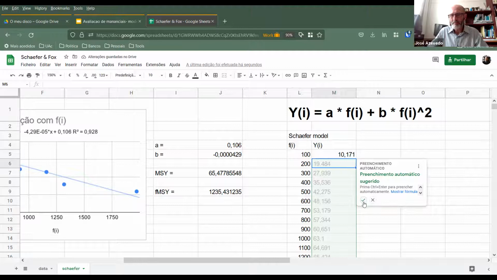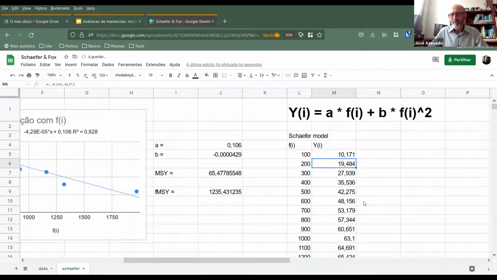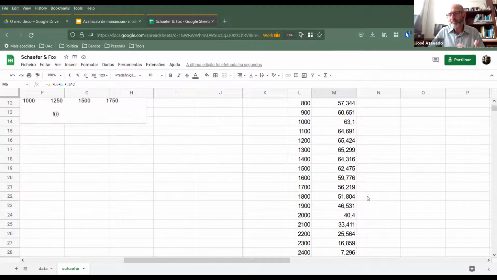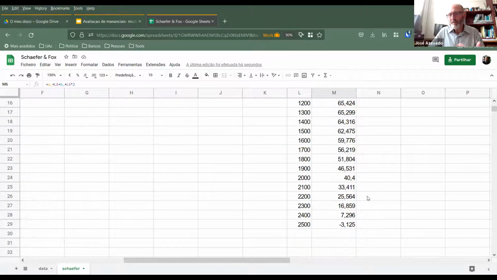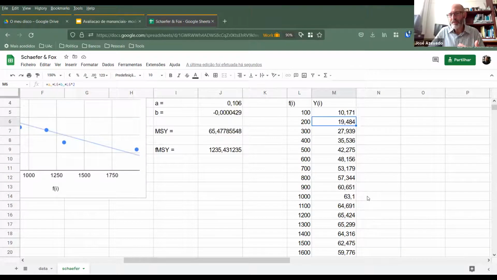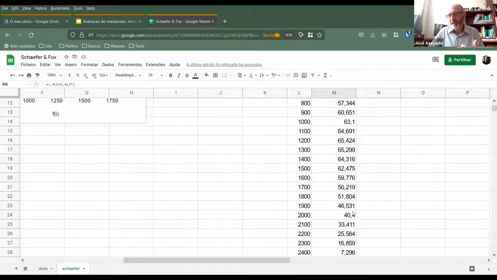There you go. Now you have the relationship between fishing and yield. Just by looking at the numbers, you will see that as fishing effort increases, captures increase until a certain point, and then captures start decreasing again.